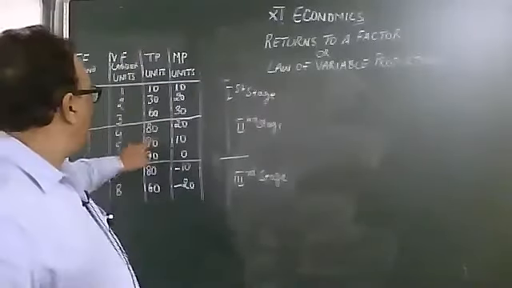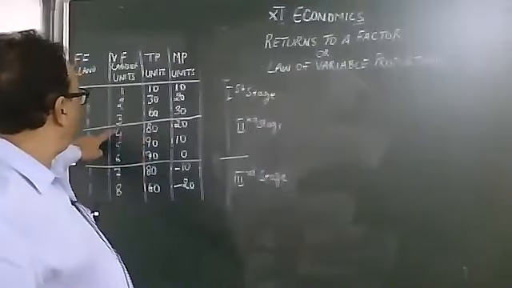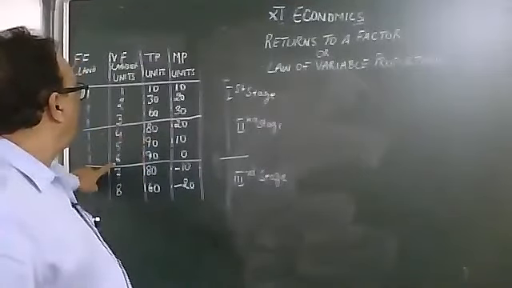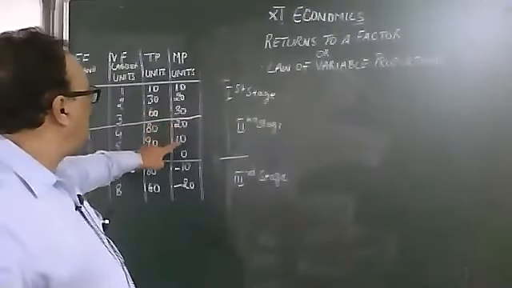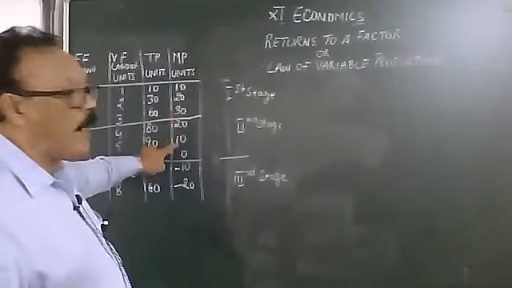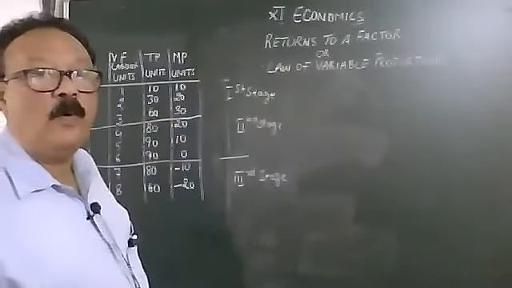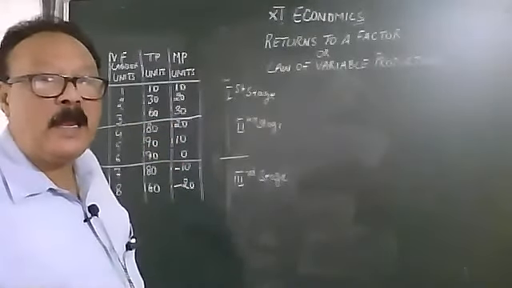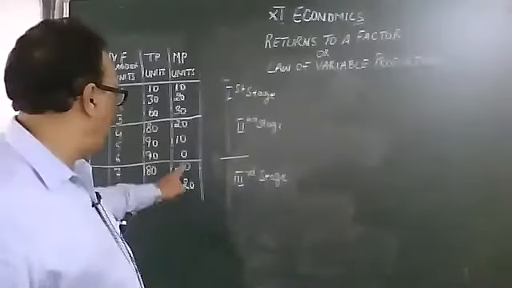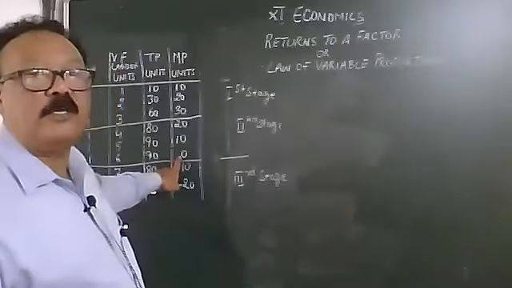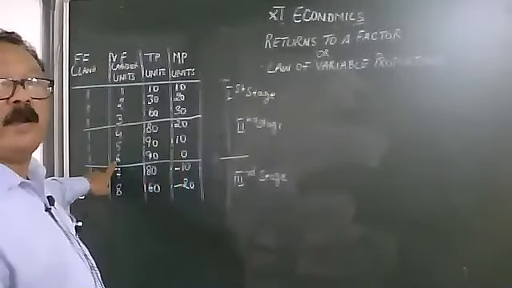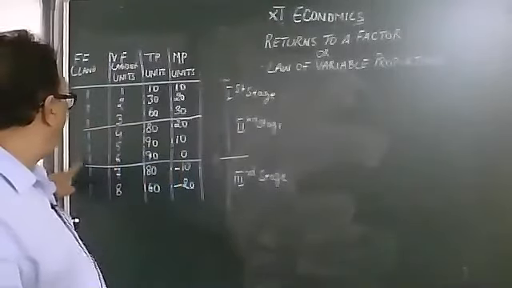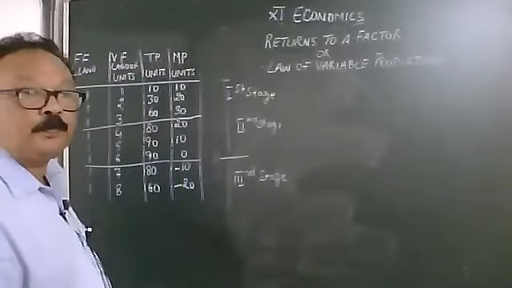Okay? Then, when we add on the 4th, 5th and 6th unit, what happens to MP? From 30 it starts declining, 20, 10 and comes down to 0. MP will start declining but will remain positive up to 0. That is when the 6th unit of labor is introduced on the 1 acre of land over here.